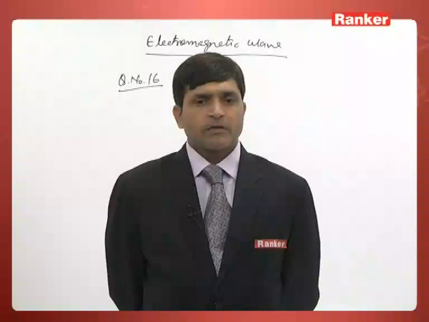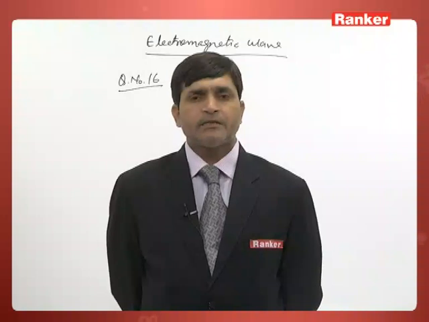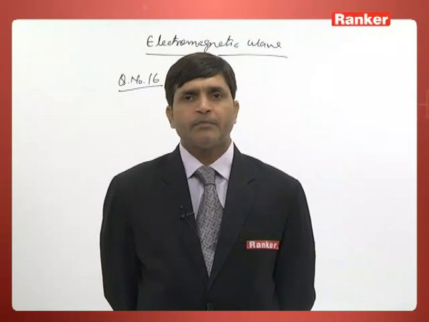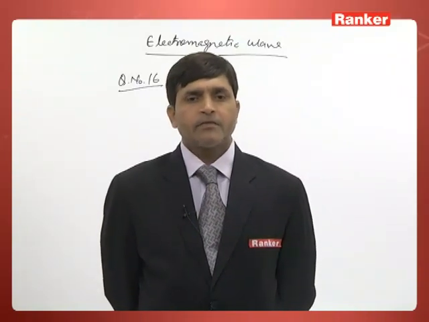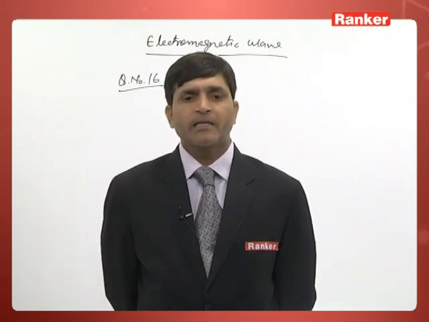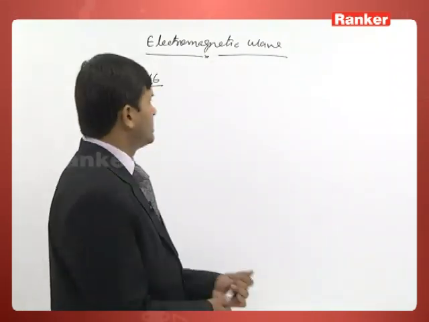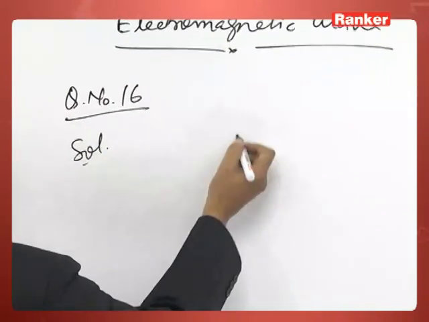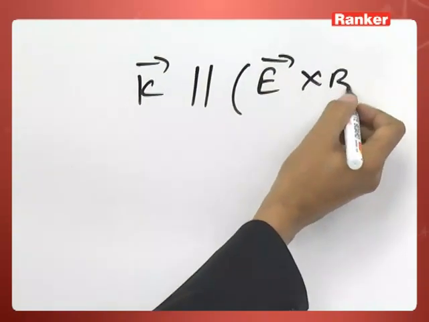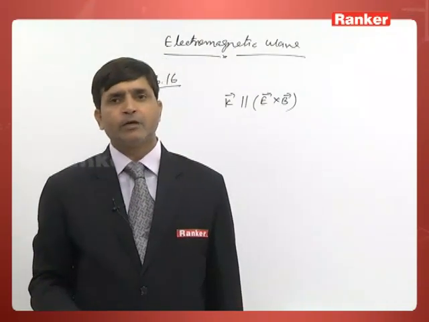As we know, in the electromagnetic wave, the velocity vector is always perpendicular to the electric and magnetic field vectors. So here wave propagation is defined with a vector k. The vector k must be parallel to the vector E cross B. This is the conclusion here. And vector x here is defined as the polarization.